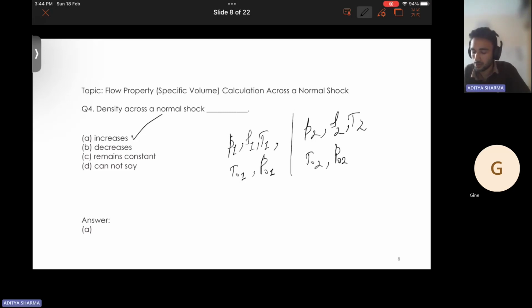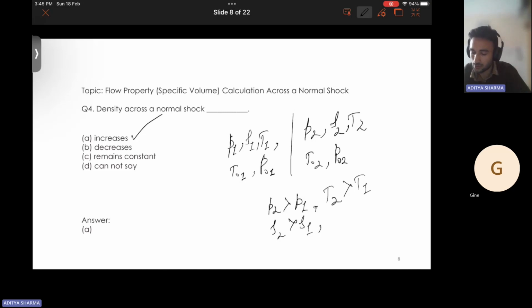So across a normal shock, what happens? P2 is greater than P1. Then rho 2 is greater than rho 1. T2 is greater than T1, right?